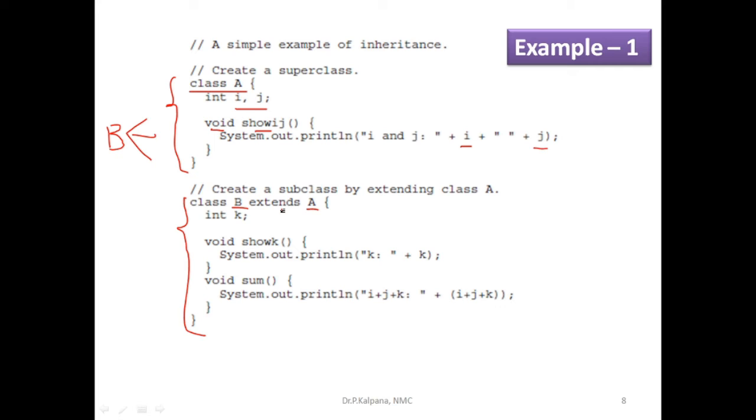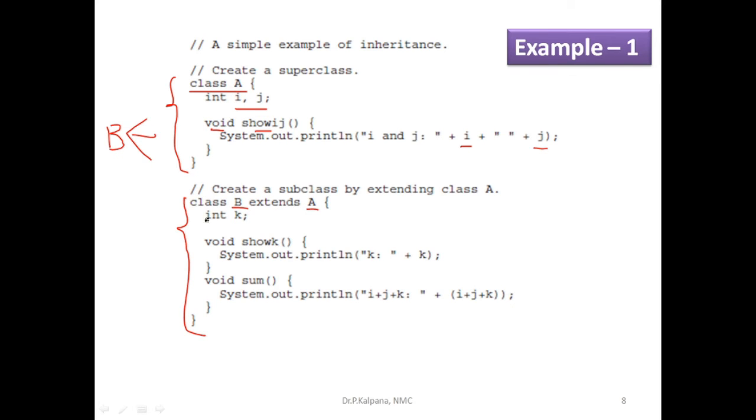So the extends keyword is very important here. This is actually unique to the Java language. If you are a C++ user, you know that there is no extends keyword in C++, but this is possible in Java. That is, this keyword is available only in Java, whereas it is not in C++.